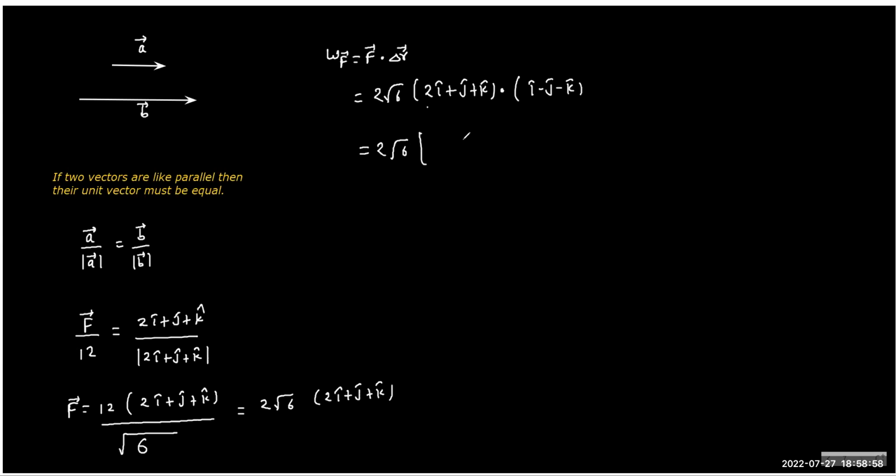Then 2 into 1 is 2. 1 into minus 1 is minus 1. 1 into minus 1 is minus 1. Oh, luckily this is 0. Okay. So you understood the method how to solve questions like this.